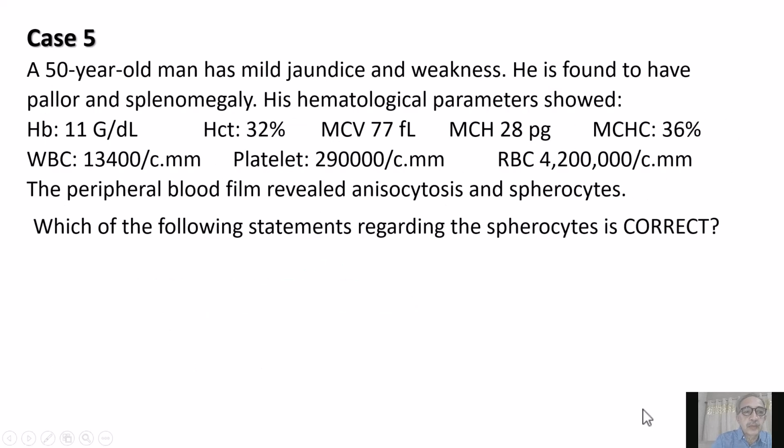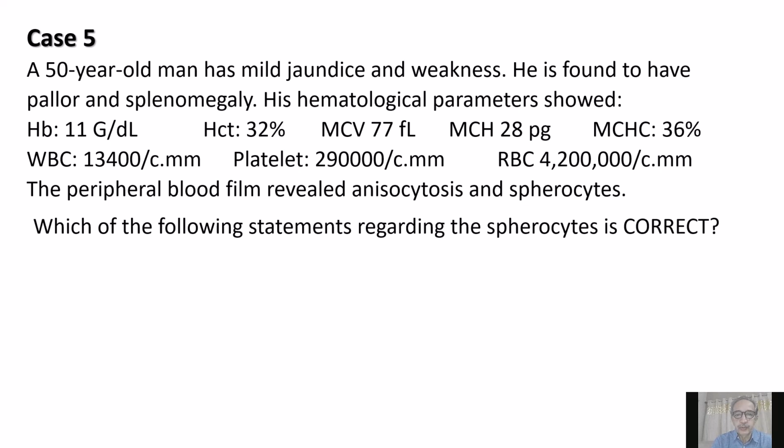Case 5. A 50-year-old man has mild jaundice and weakness. He is found to have pallor and splenomegaly. His hematological parameters showed Hb 11 grams, hematocrit 32%, MCV 77 femtoliter, MCH 28 picograms, MCHC 36%, WBC 13,400, platelets 290,000, RBC 4.2 million.